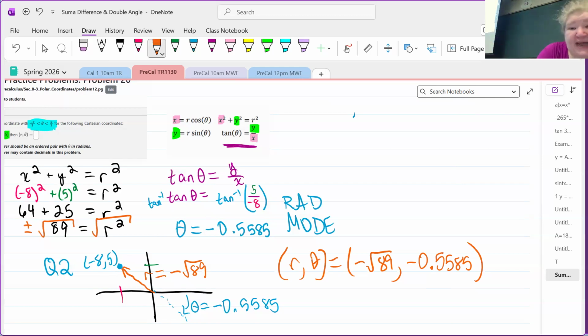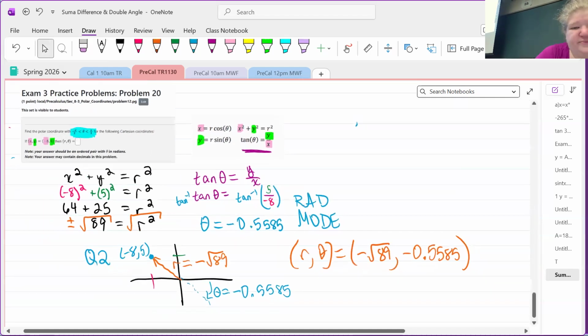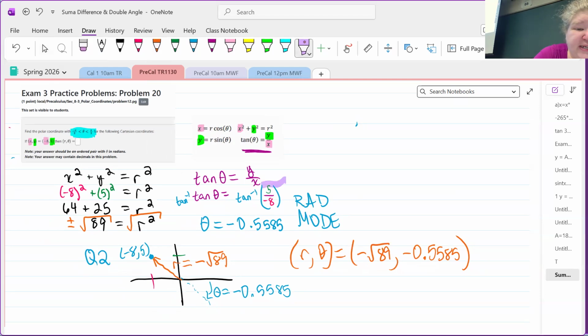No, that is just the ugly decimal. Now on the test, I do need to see your work to produce the theta number. So this way, if the calculator was in the wrong mode or you fumbled it a little, I can see the calculation and see that you had the formula correct.